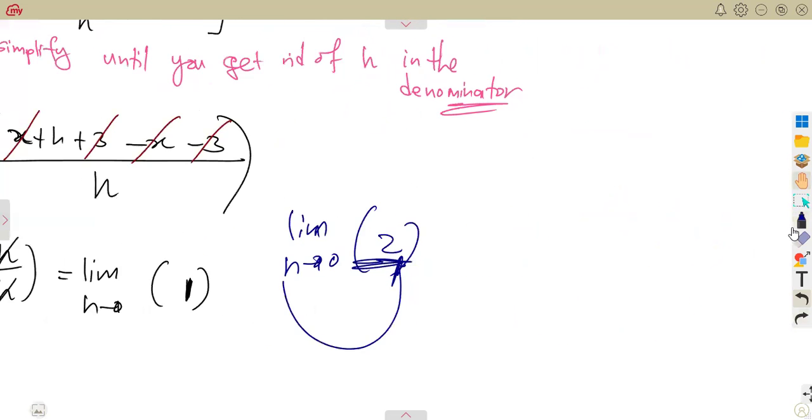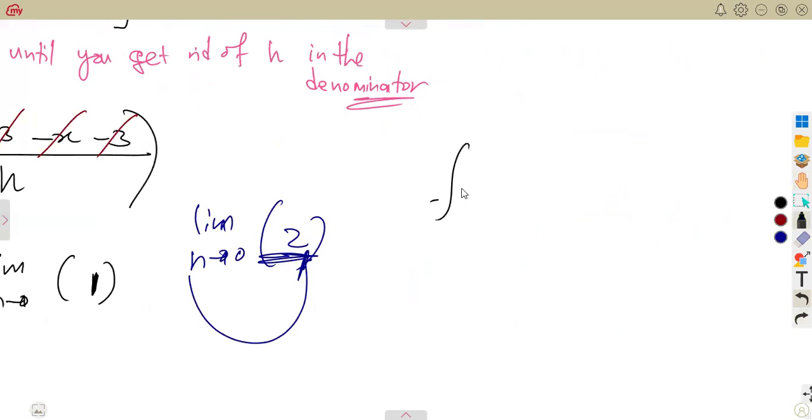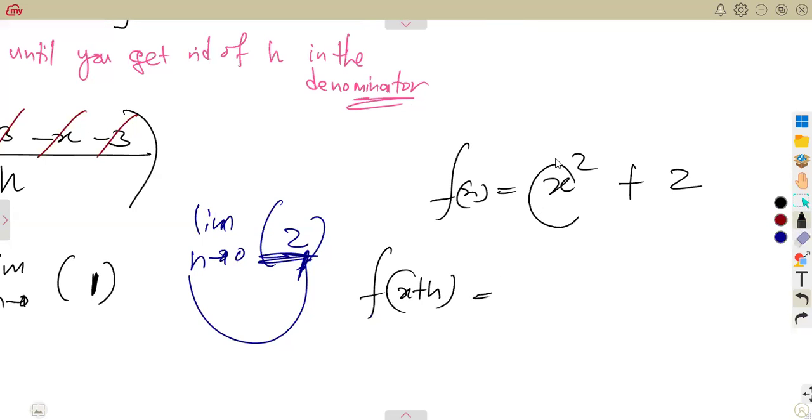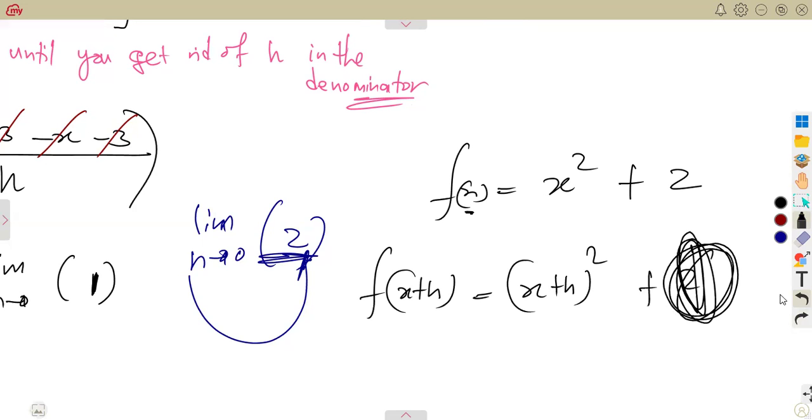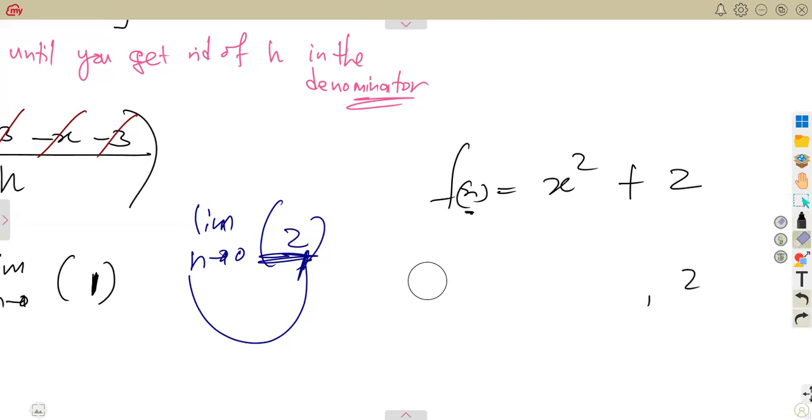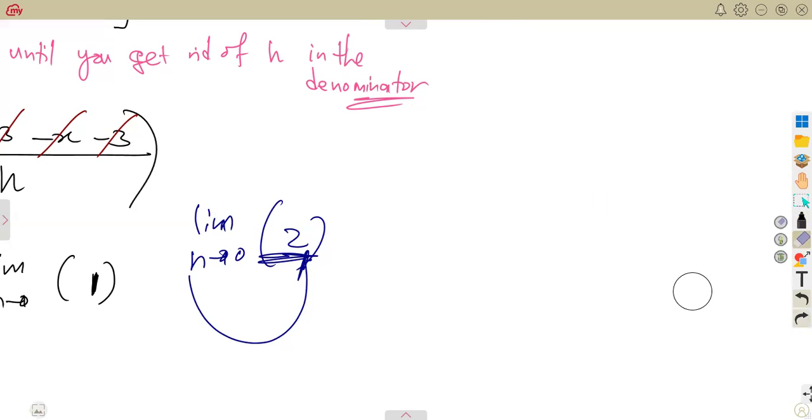Okay, guys, this is it. When you are given something like this, f of x is equal to x squared plus 2, then when you are finding f of x plus h, how are you substituting? Where there is x, you substitute x plus h, squared, plus 2. Where there's 2, you are not substituting anything because it's a constant, it's a number. So that is not supposed to change the meaning of our simplification.